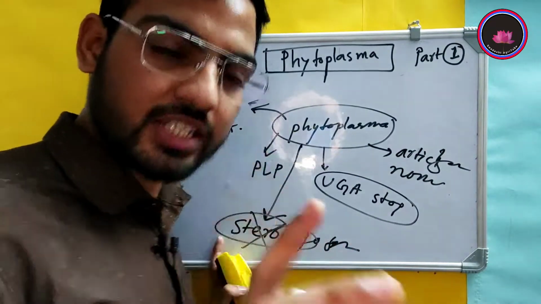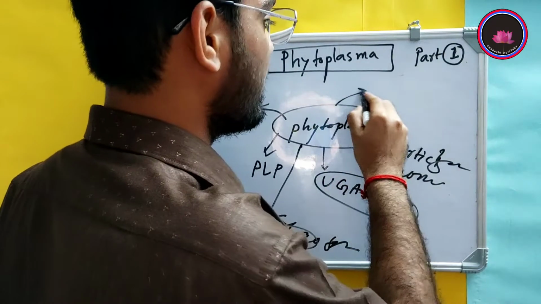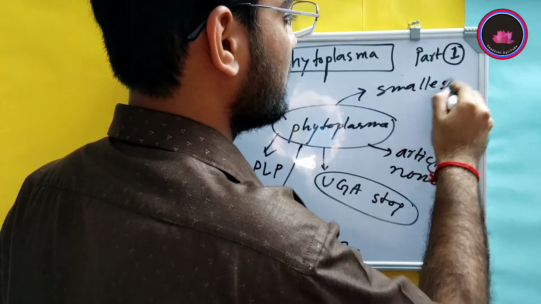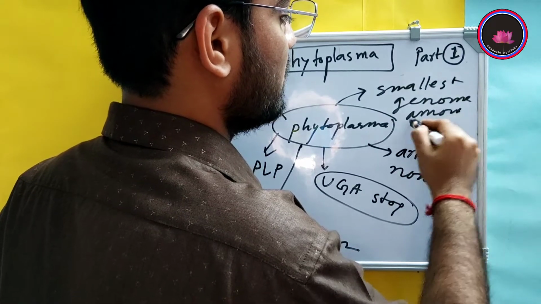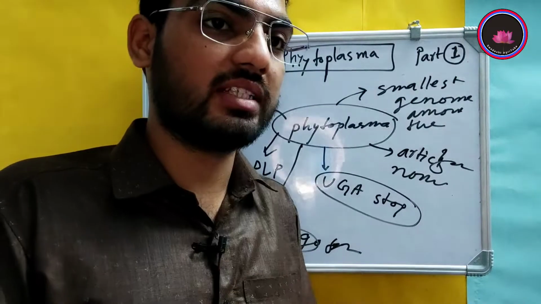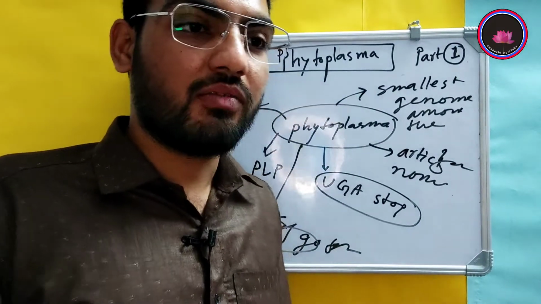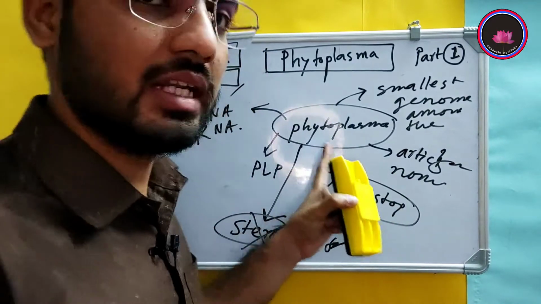Phytoplasma has the smallest genome among all the living organisms. Remember, I am telling you living organisms, not the agents. Viroids and viruses are particles, but this is a living organism.